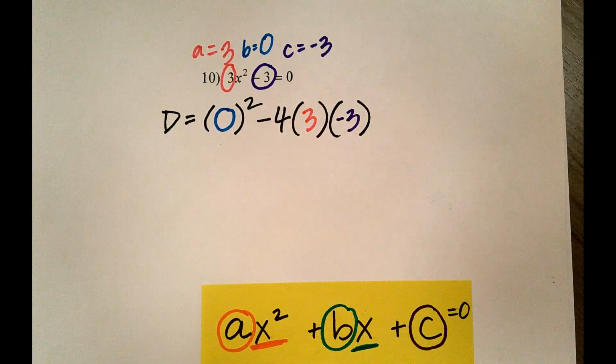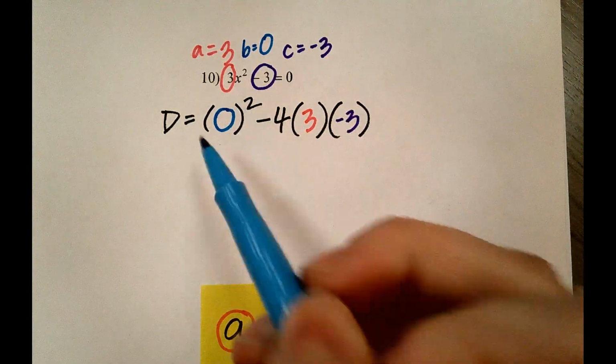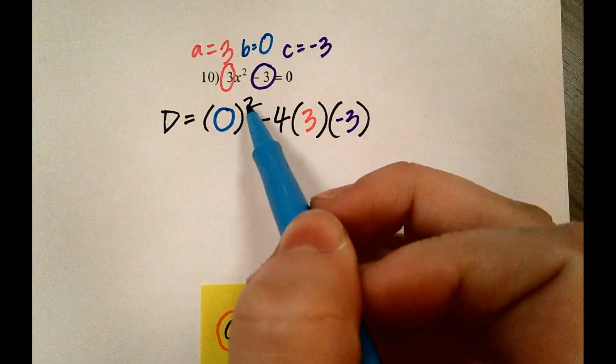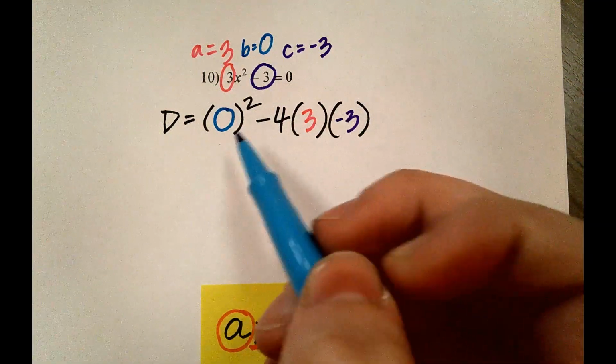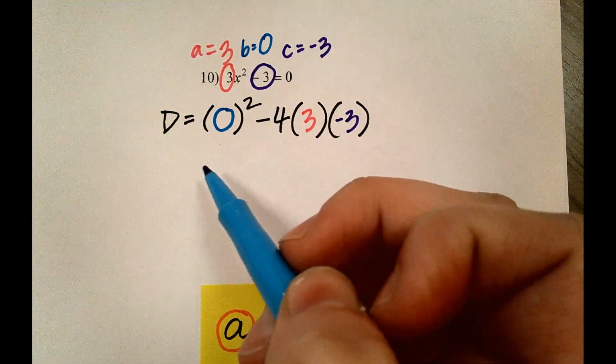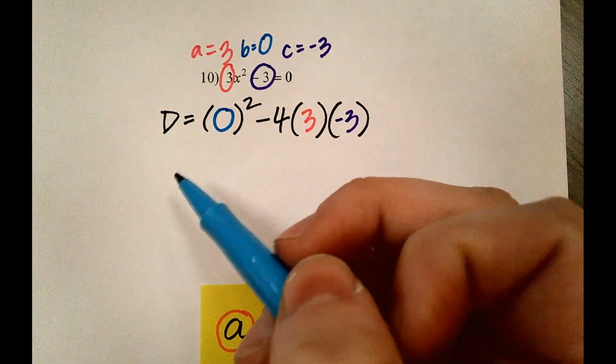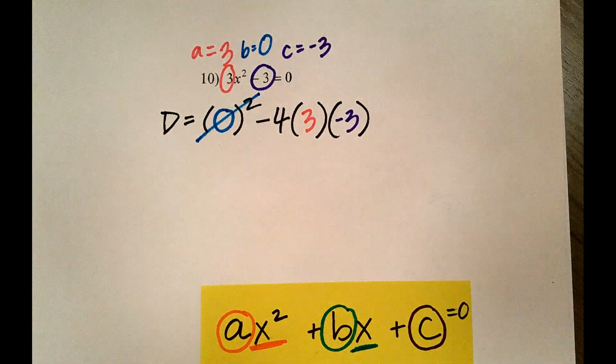So we have 0 squared minus 4 times 3 times -3. The 0 is going to cancel all that. Yes. 0 squared is 0. 0 does not change any number unless I'm multiplying by 0. I can just cross that out.